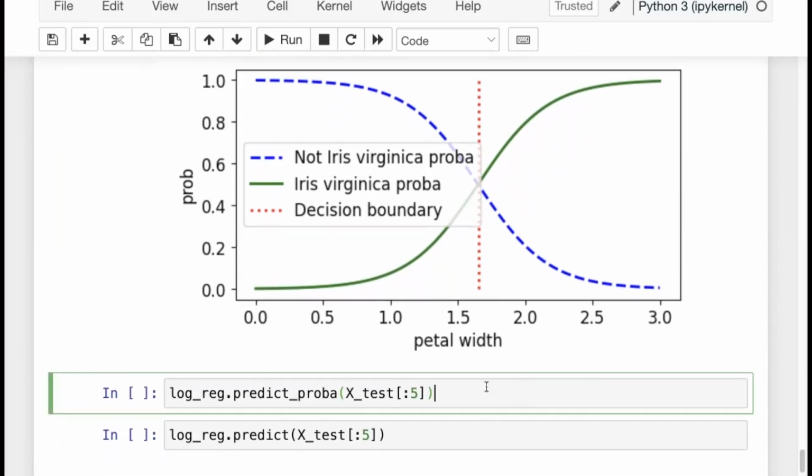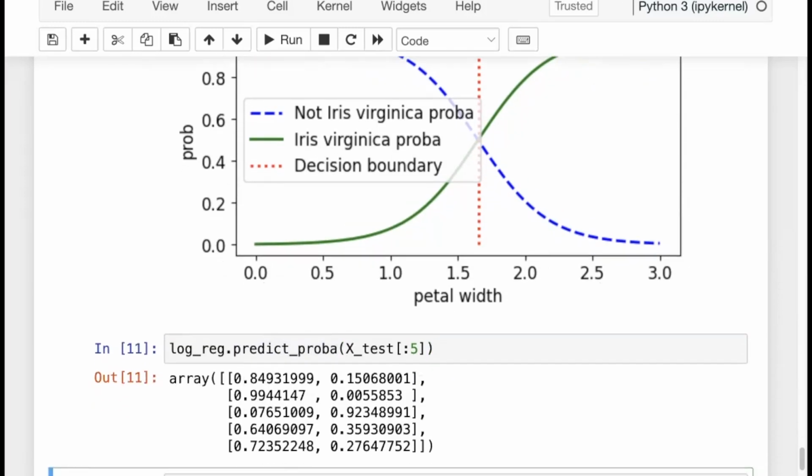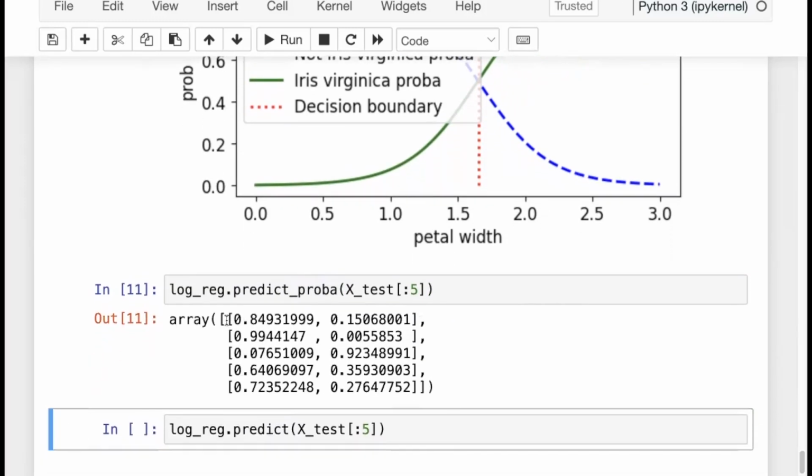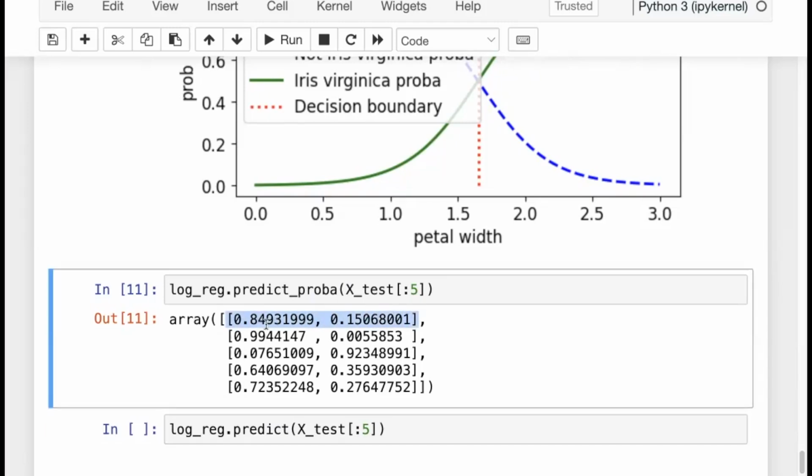And to show these probabilities for some of these test data points, I'm using this predict_proba. And this tells us for the first test data point, the probability that it belongs to class 0 is 0.84, almost 0.85. And the probability that it belongs to the other class is 0.15. So the sum of these two must equal 1. That's the principle of probability.